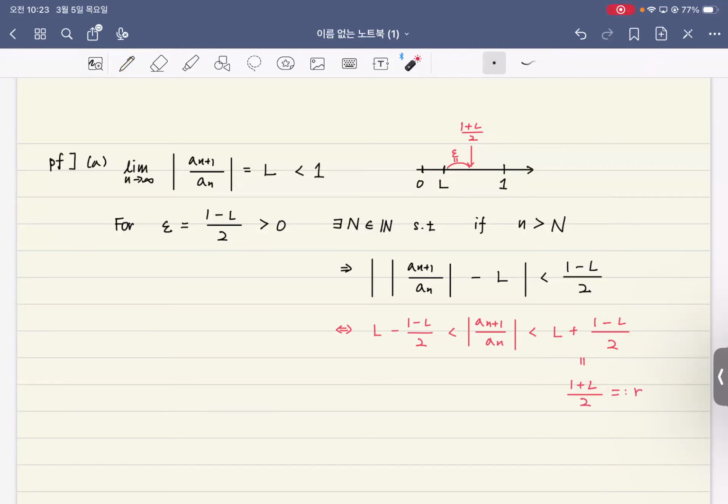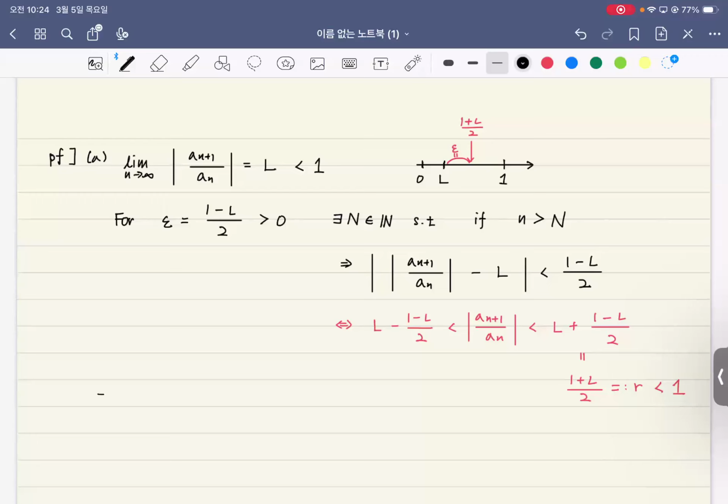If small n is greater than N, then a_{n+1} over a_n is less than this number R. So a_{N+2} over a_{N+1} is less than R. Am I right? Yeah, because this index is definitely greater than N, and if the index is greater than N, then this ratio is less than R, which is guaranteed.